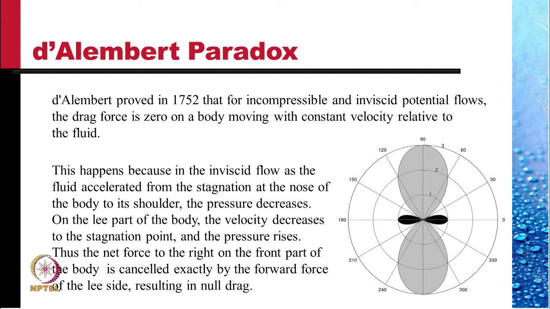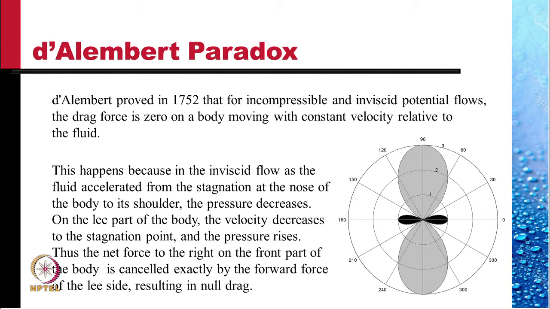This happens because in the inviscid flow, as the fluid accelerates from the stagnation point at the nose to the shoulder, the pressure decreases. On the lee part of the body, the velocity decreases to the stagnation point and the pressure rises.